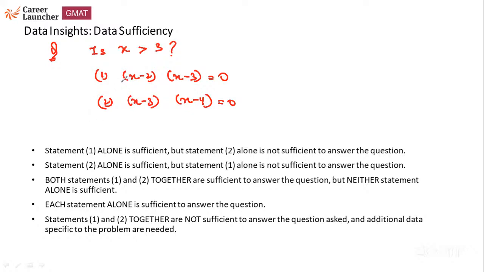Statement 1: (x minus 2)(x minus 3) is equal to 0. Statement 2: (x minus 3)(x minus 4) is equal to 0. Option A, statement 1 alone sufficient. Option B, statement 2 alone sufficient. Option C, they both together are sufficient. Option D, each alone is sufficient. Option E, they are not sufficient to answer the question.